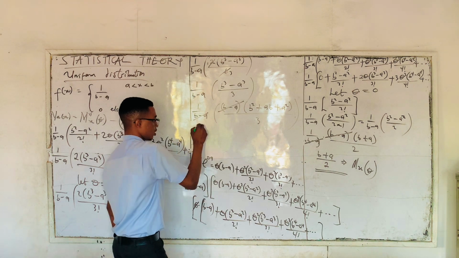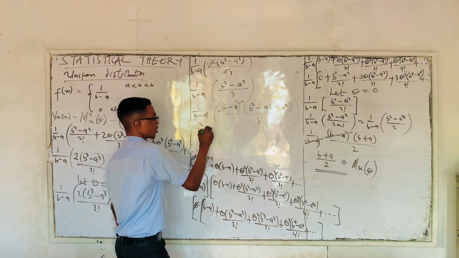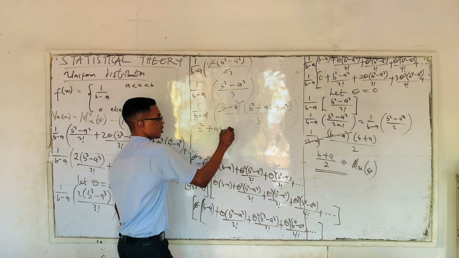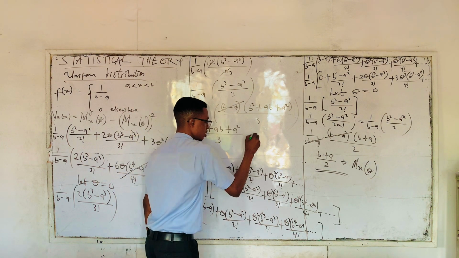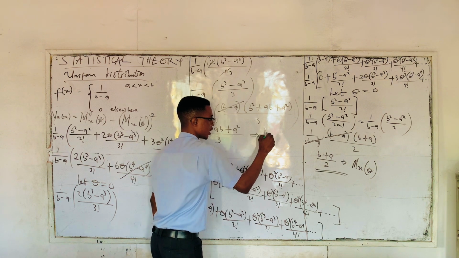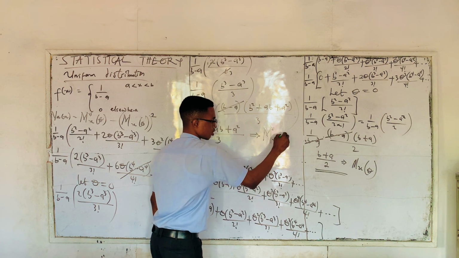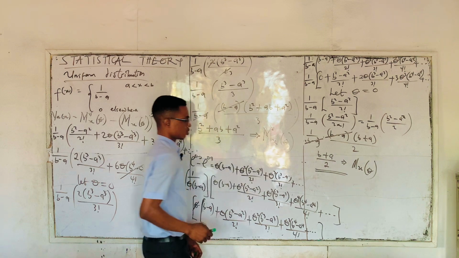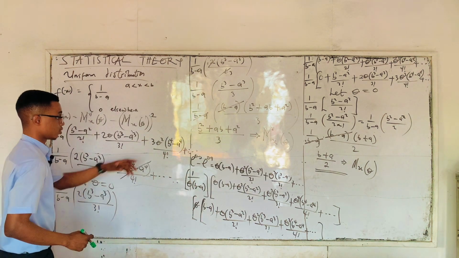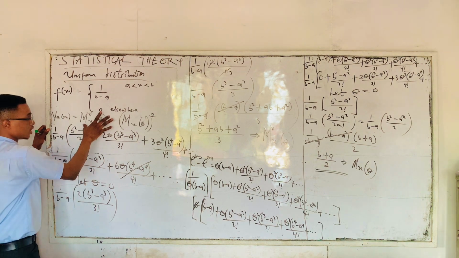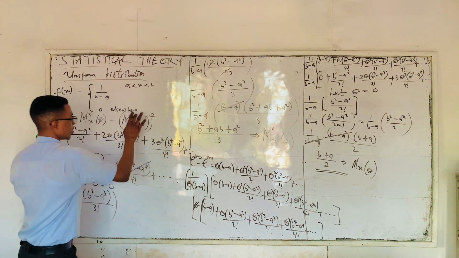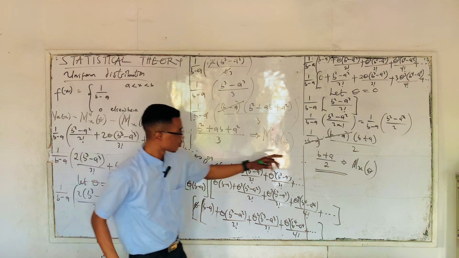We are left with b squared plus ab plus a squared over 3. This is the second moment about the origin.